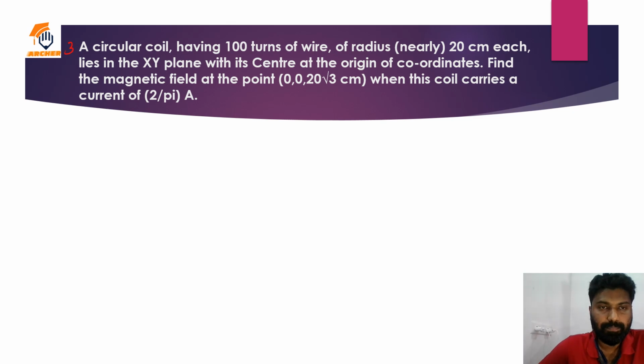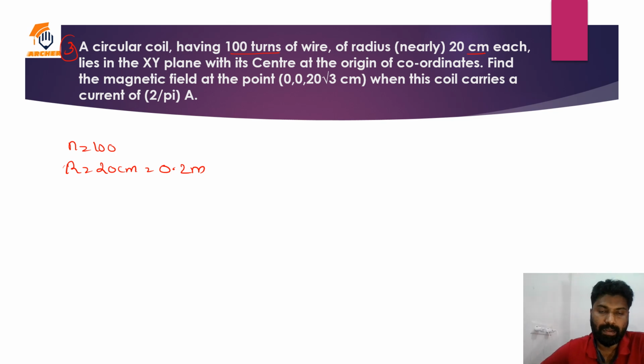Our third problem: a circular coil having 100 turns. So N is given as 100 turns, of radius nearly 20 centimeter each. Here capital R is 20 centimeter, or we can write this as 0.2 meter, right?